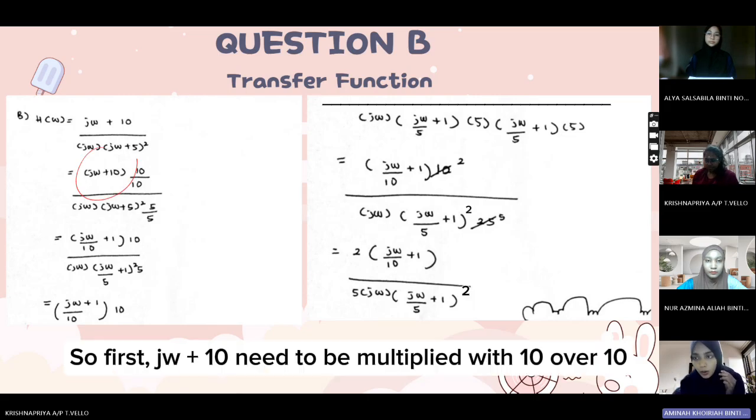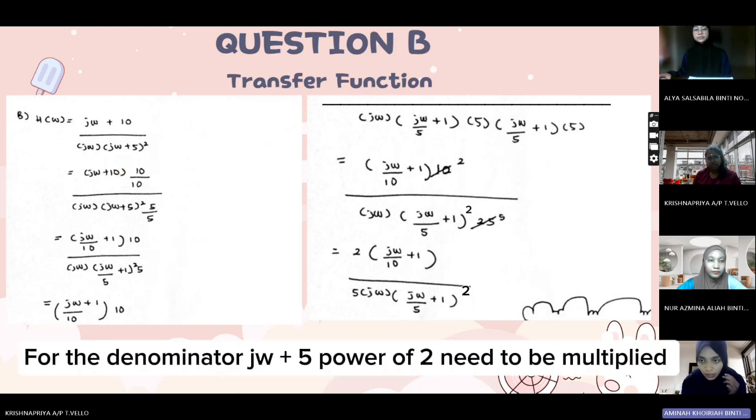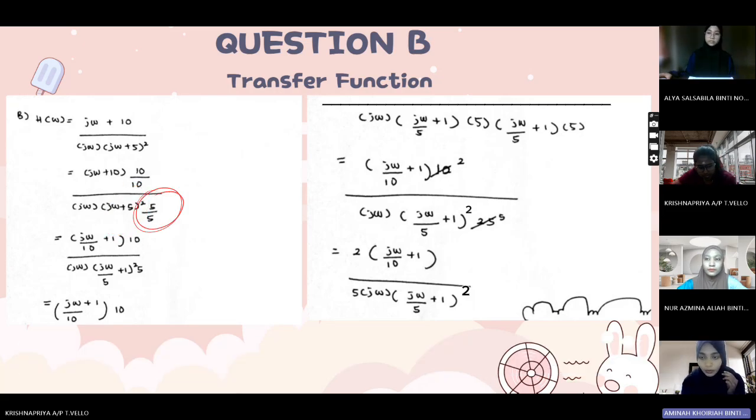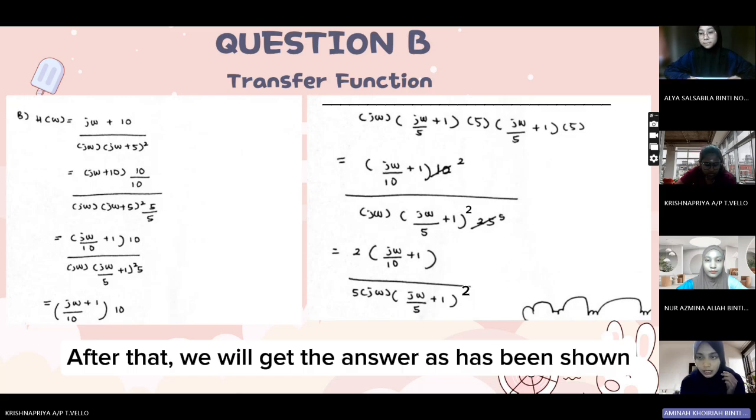So first, j omega plus 10 needs to be multiplied with 10 over 10 for the numerator of the equation given. For the denominator, j omega plus 5 to the power of 2 needs to be multiplied with 5 over 5 to cancel the 5. After that, we will get the answer as has been shown.